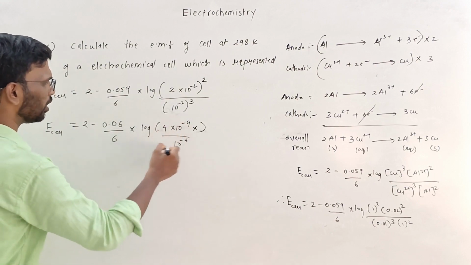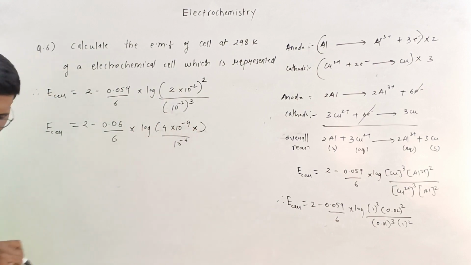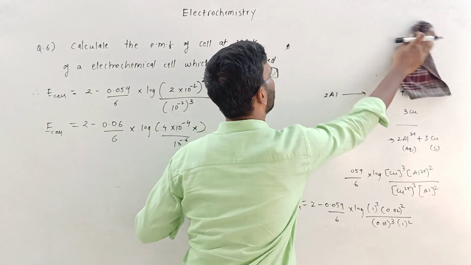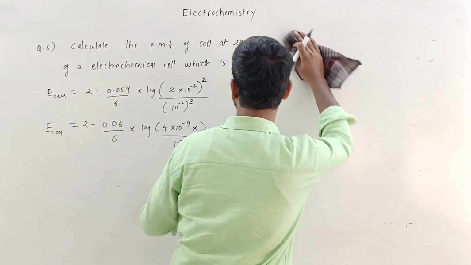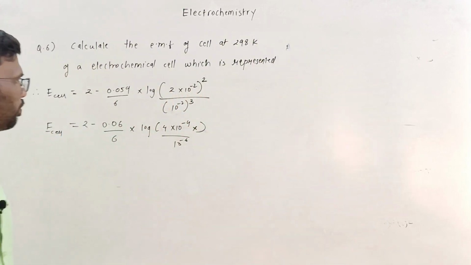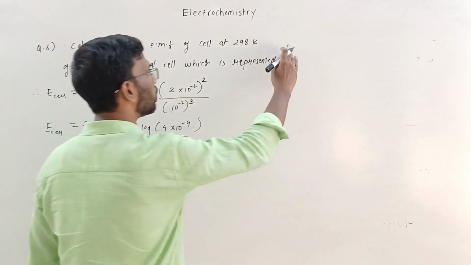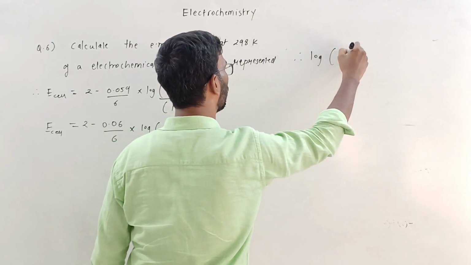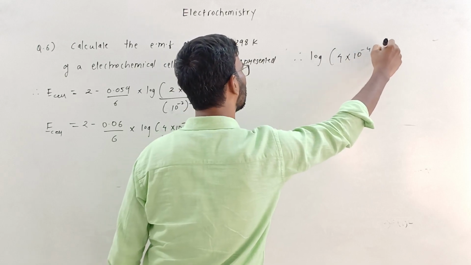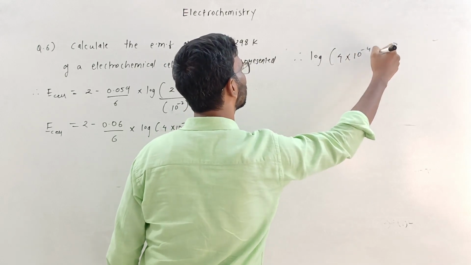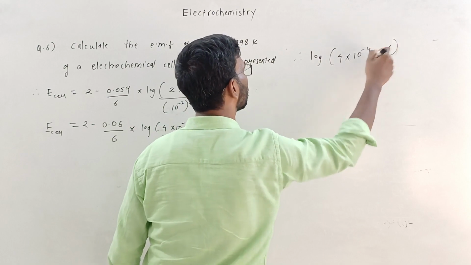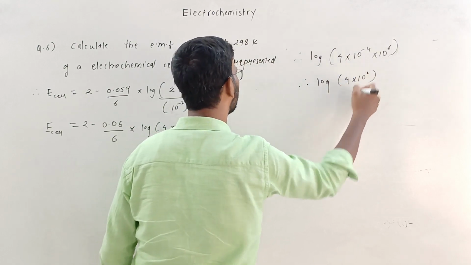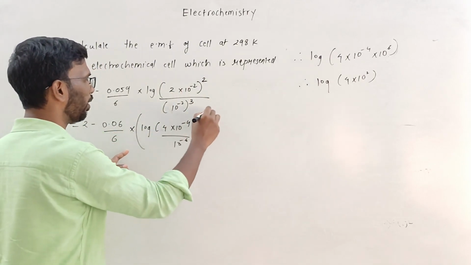So what I'll do, I'll solve only this much part, then substitute again. Just pay attention. Log of 4 into 10 raised to minus 4, and this is 10 raised to 6, so therefore log of 4 into 10 raised to 2.